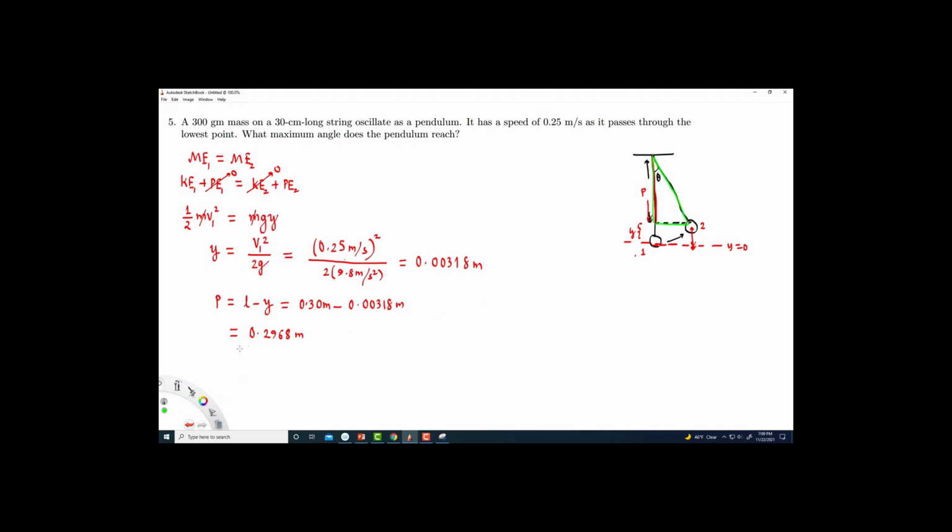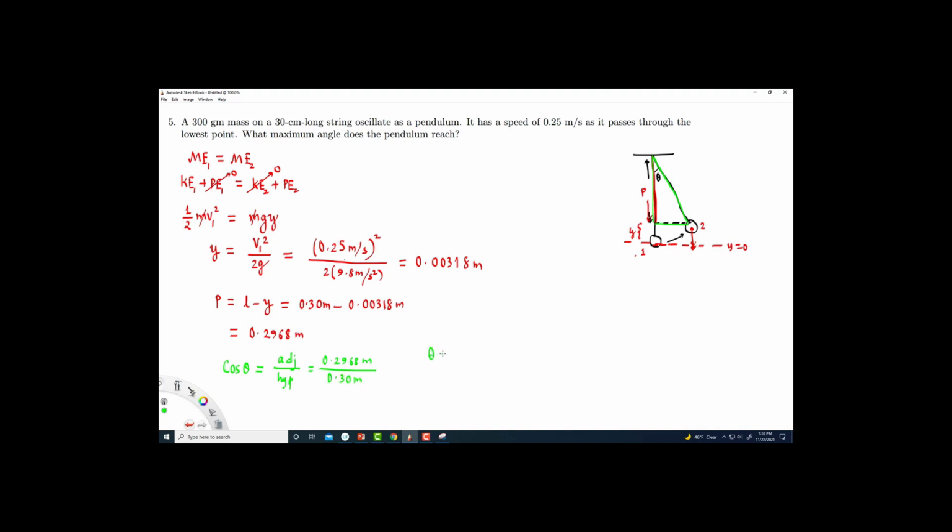Okay, so consider this triangle. In this triangle, we can take the ratio of adjacent over hypotenuse. So adjacent over hypotenuse is cosine. So adjacent here is that 0.2968, and hypotenuse is the length, which is 0.30 meters.